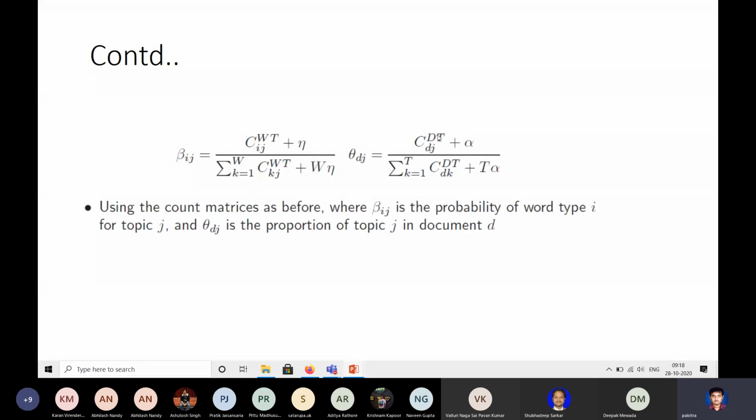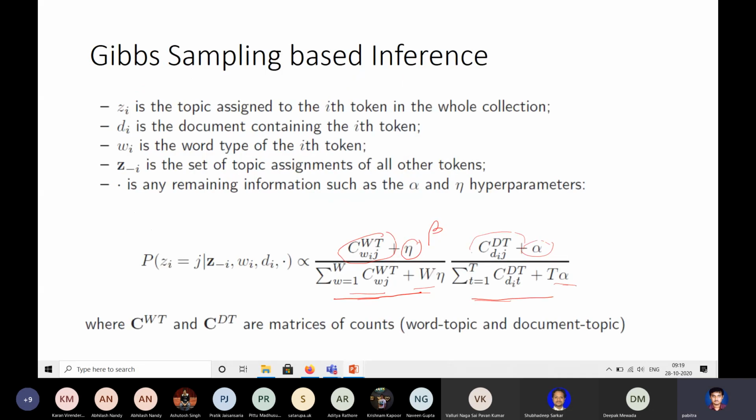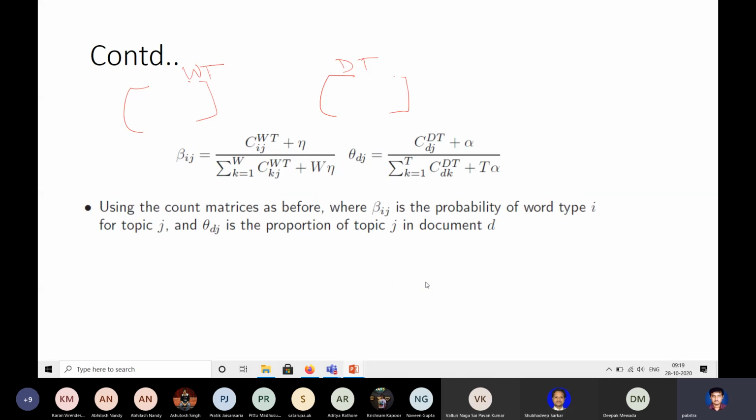In this iterative process, we start with a random assignment. So this beta ij is this word topic matrix, and this theta dj is this document topic matrix. Initially with a random coloring, you start with some random values of these two matrices, and as you update them according to this equation greedily by Gibbs sampling, the matrix values get updated.